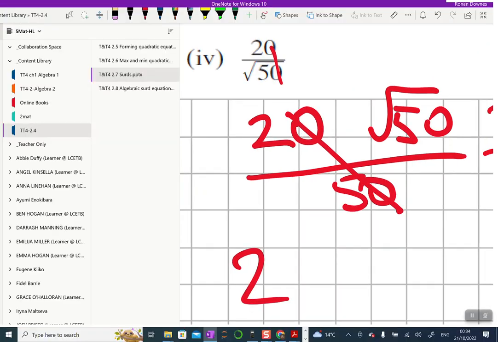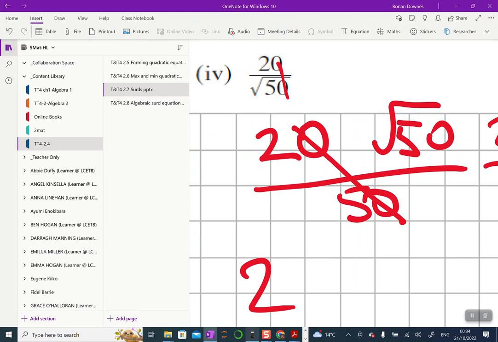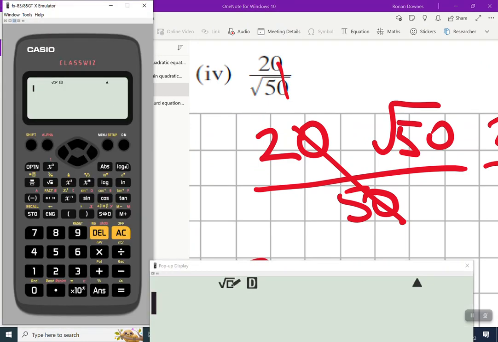You can do your fraction bar after doing the denominator. 2 root 2. What did I get? I got 2 root 2. Fine.